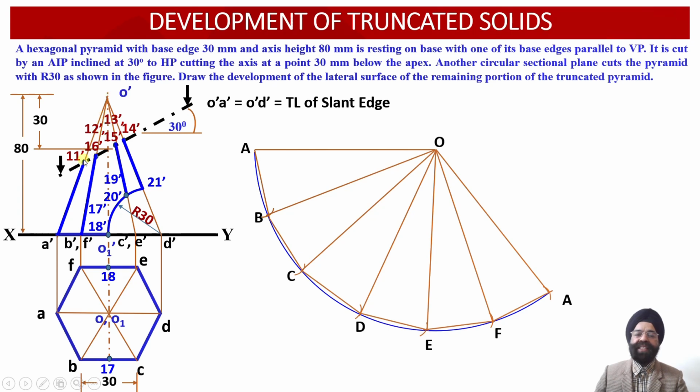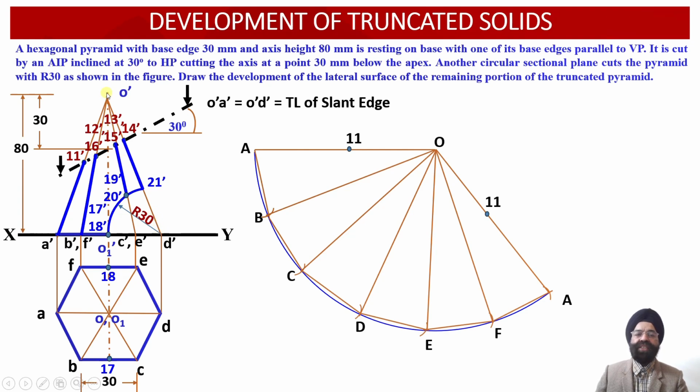So we'll measure this distance up to 11 dash from O dash, and mark it out over here corresponding to the slant edges OA in the beginning and OA at the last section of this particular development. Similarly point 14. Point 14 dash happens to lie alongside the true length of the slant edge O dash D dash over here.